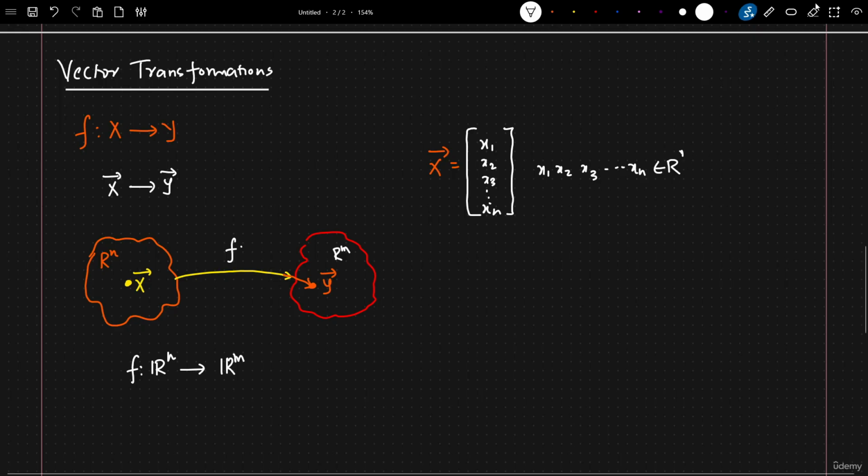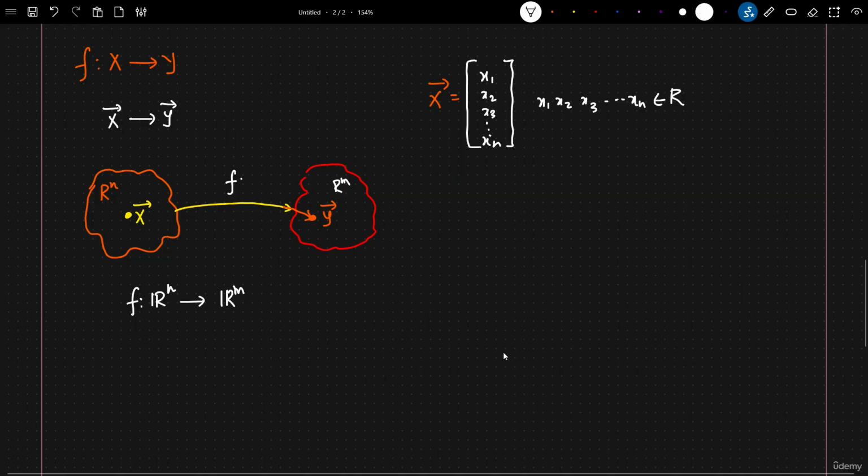I'll not write n dimension over here because we are specifically writing x1, x2, up to xn, which belongs to r. So all of these belong to the real numbers, right? And we have already seen some examples with respect to this.